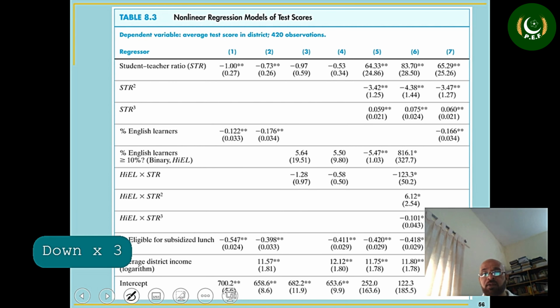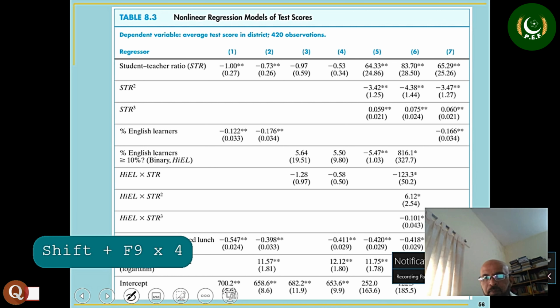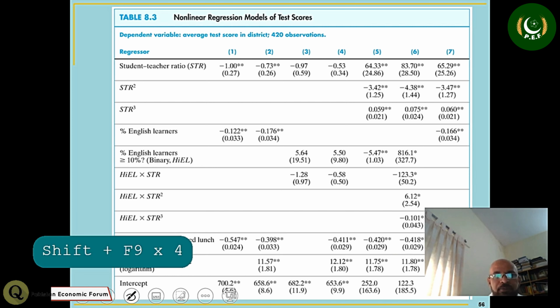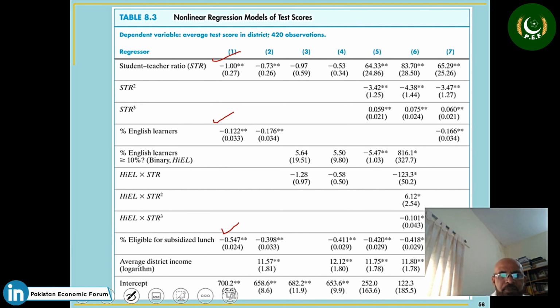Let's come to these 7 models. Look at these models carefully. So in model 1, we have student-teacher ratio significant, percentage English learners, percentage eligible for subsidized lunch, that is income proxy. All are significant.